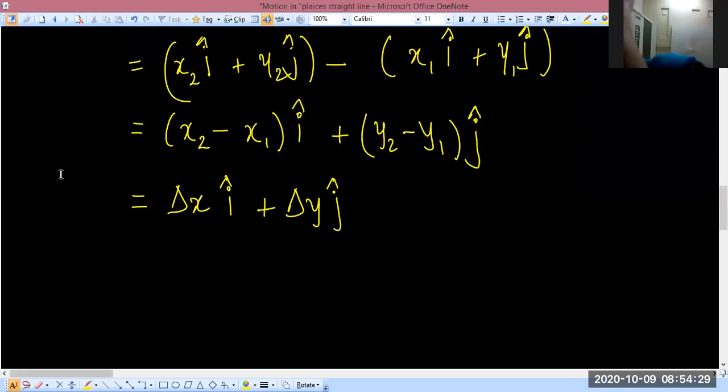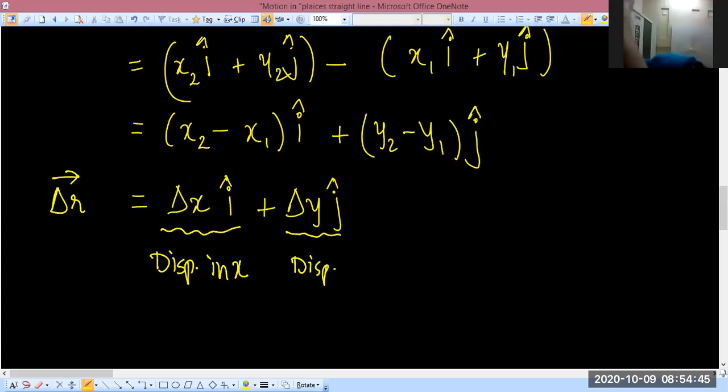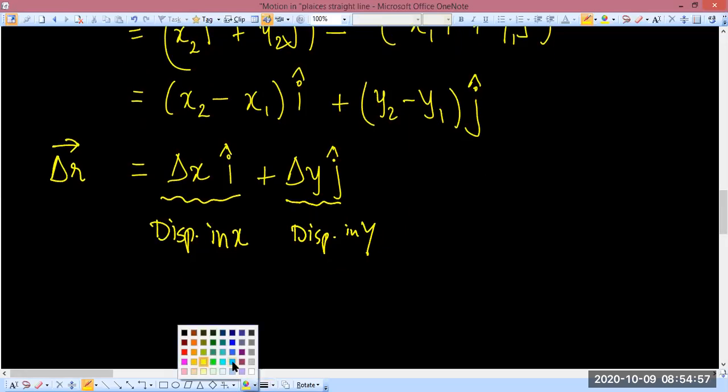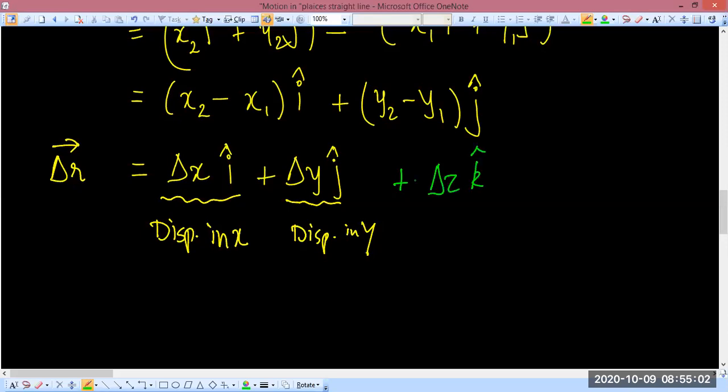We are getting that the displacement vector in 2D is actually made up of two displacement vectors. This is the displacement vector in X and this is the displacement vector in Y. Agreed? And suppose it was in 3D, then we'd get a third one also, right? Like this.